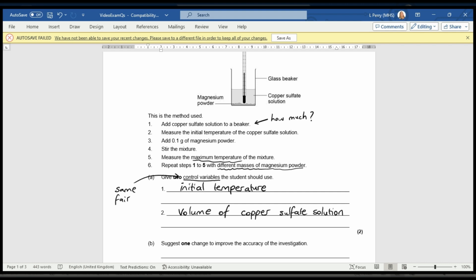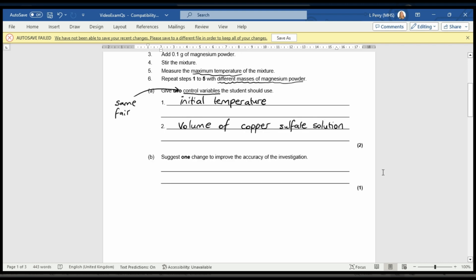Now the next question, suggest one change to improve the accuracy of the investigation. Now there's loads of answers you could put. I'm going to go for a very specific one I want you all to remember though. To improve any investigation, if the person's not already doing it, the way to improve it is always repeat readings.